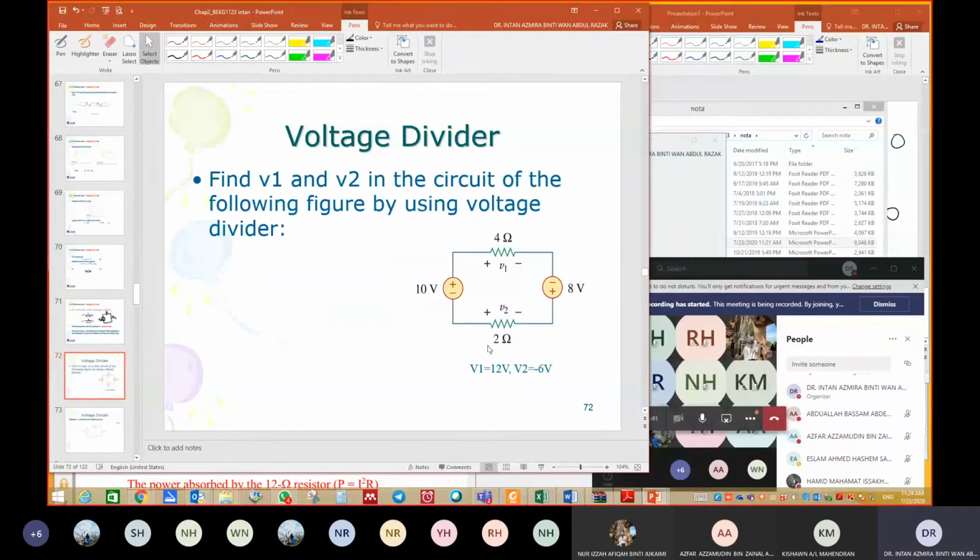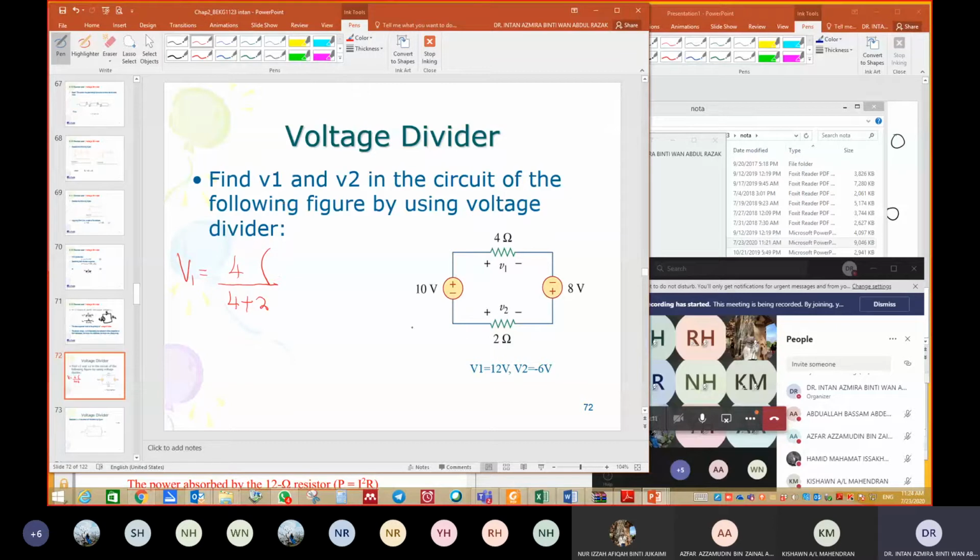Now for this circuit, let's find V1. V1 is equal to 4 divided by all the resistors connected in series, 4 plus 2, multiplied by the voltage source supplying this series circuit.